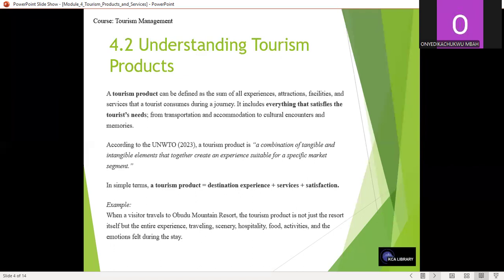According to the UNWTO in 2023, a tourism product is a combination of tangible and intangible elements that together create an experience for a specific market segment. In simple terms, a tourism product equals destination experience plus services plus satisfaction.